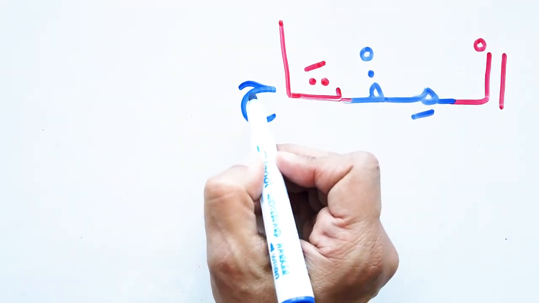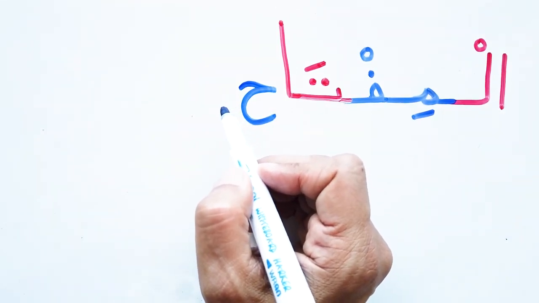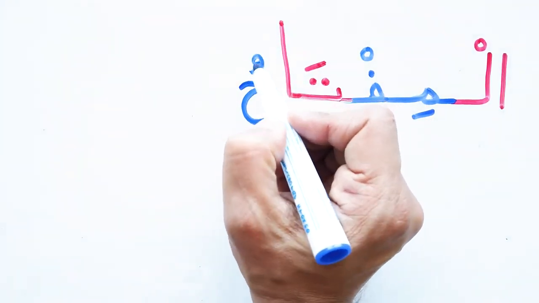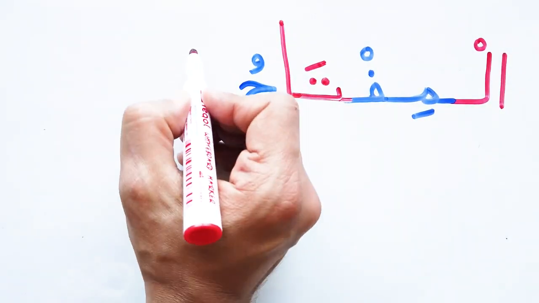It is this ha. Say when you clean your glasses, you make this sound. Okay? Or when you clear your throat. Okay? المفتاح. I have the sound of O. I must add dhamma. المفتاح كبير.